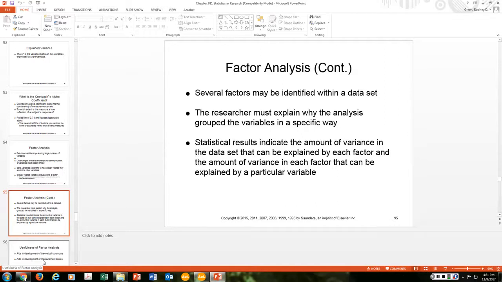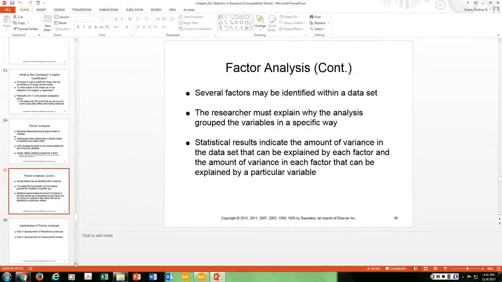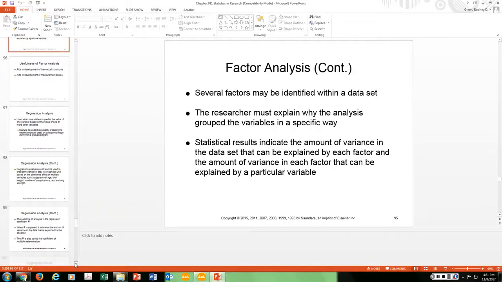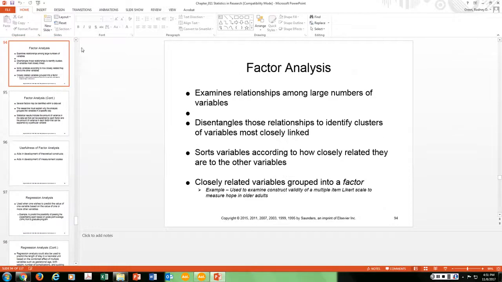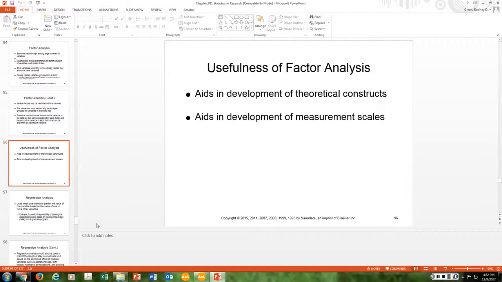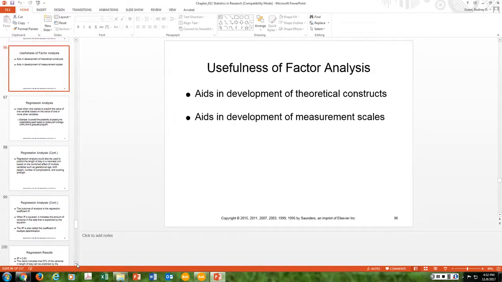Statistical results indicate the amount of variance in the data set that can be explained by each factor, and the amount of variance in each factor that can be explained by a particular variable. Factor analysis aids in the development of theoretical constructs, and it aids in the development of measurement scales.